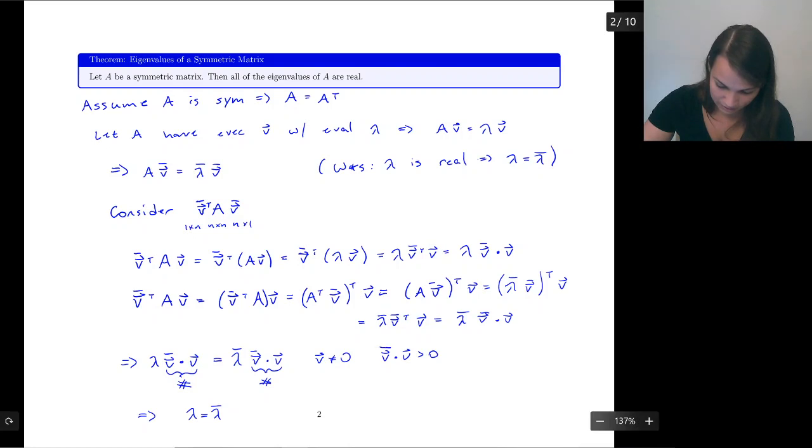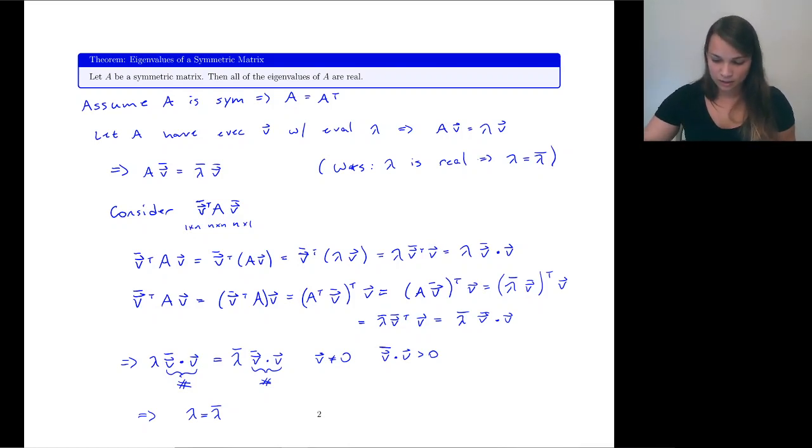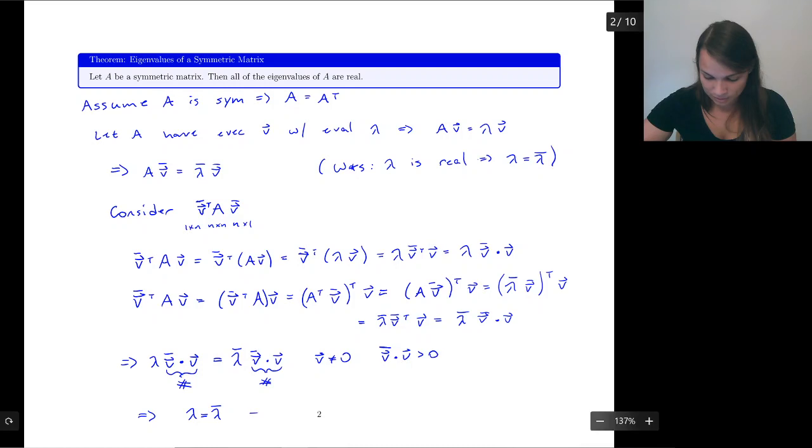If we take it to the complex, we get a similar result, where if you do the dot product of V with its complex conjugate, it's guaranteed to be bigger than 0, and I don't really want to, it's not a complex class.